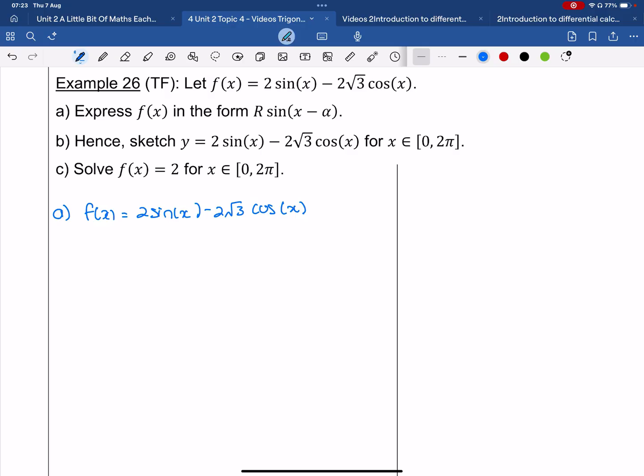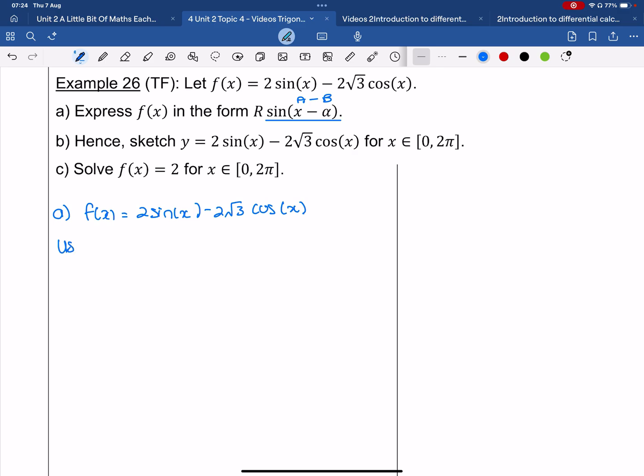I can have a look on my formula sheet at my various identities. And if I look here, I've got a sine of x minus alpha. Well, I've got an identity for sine of a minus b. So maybe I can use that to help me rewrite my sum, my difference of two different trig functions.